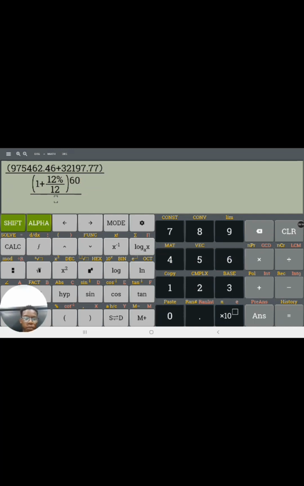So it's basically the same as the previous question at this point. Then 12%, remember to put in the percent, don't forget it, divided by 12. For my peace of mind, I just love putting in brackets. It's a habit of mine.